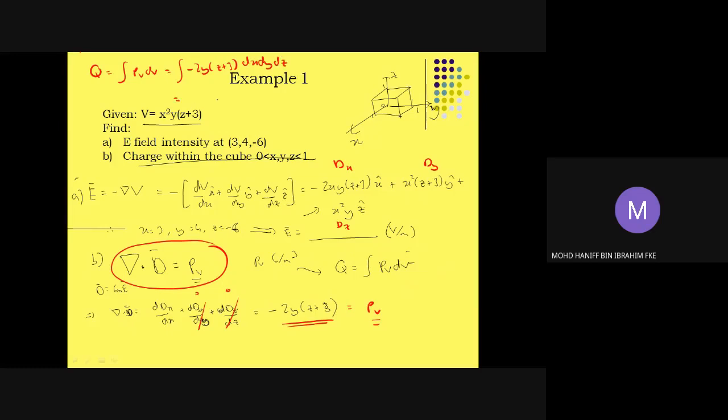If we proceed further, we're going to have a negative integration of dx, the integration of 2y dy, and the integration of z plus 3 dz, in which all of these have a range from 0 to 1 with respect to the given cube size, 0 to 1 for x, y, and z integration. Please calculate this for me, and we're going to have the charge amount in Coulombs.